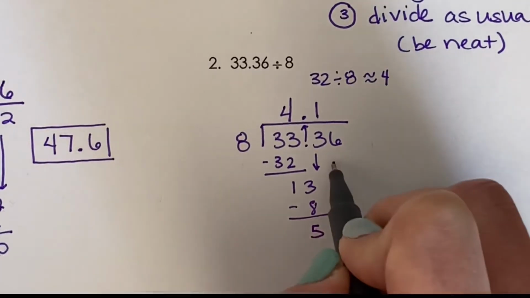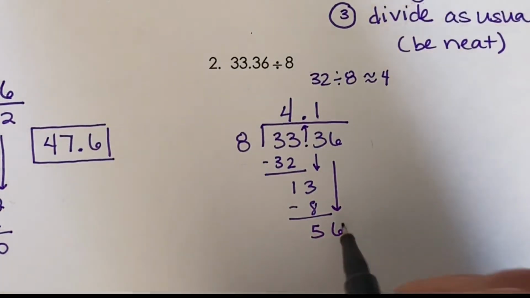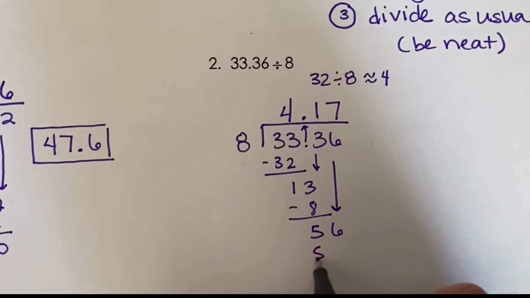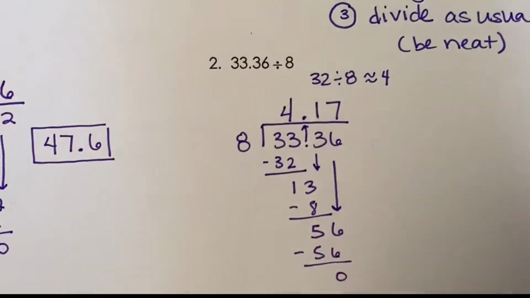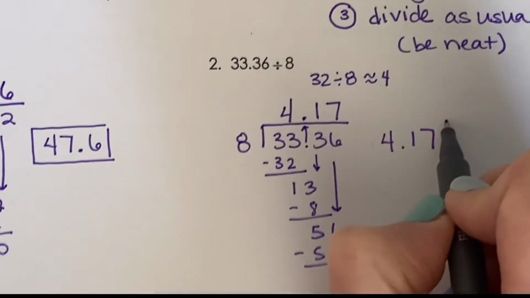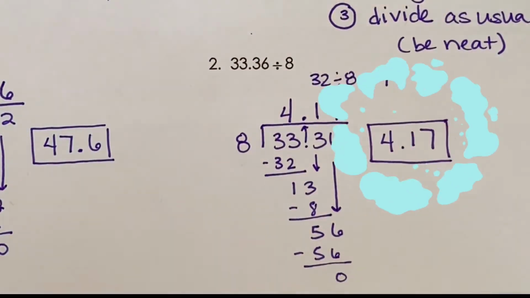Subtract. Bring down the 6. How many times does 8 go into 56? 7 times, straight up. 7 times 8 is 56. And we have a remainder of 0. So my final answer is 4.17, which is pretty close to our estimate.